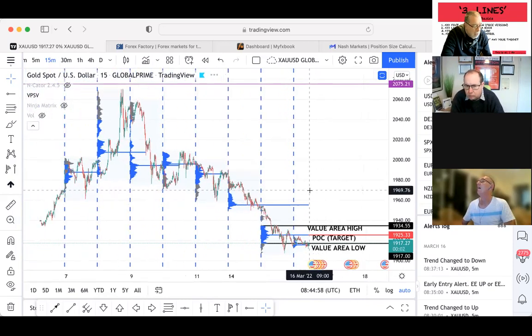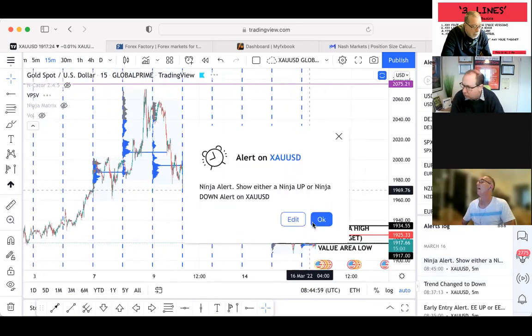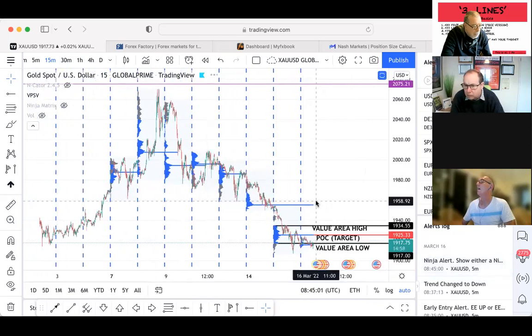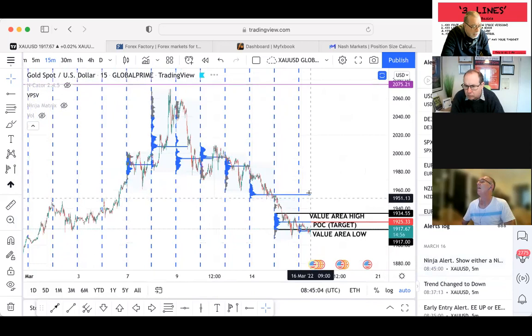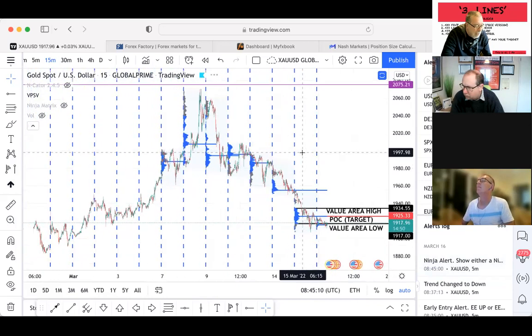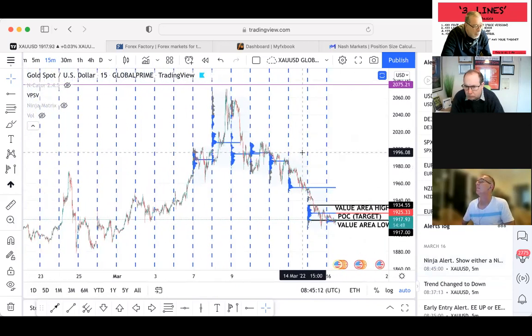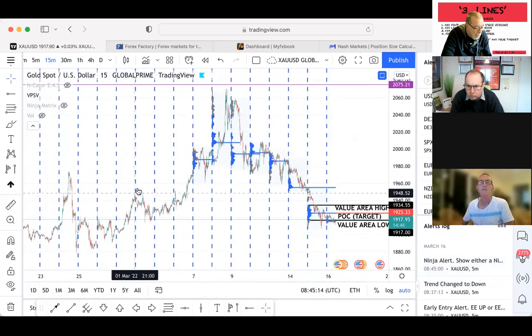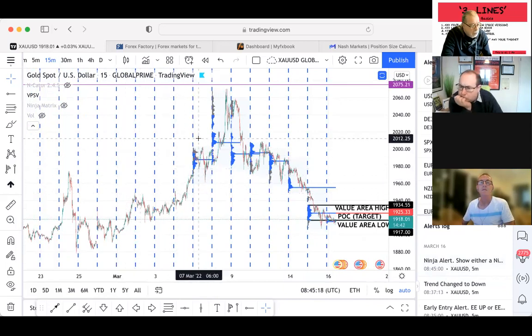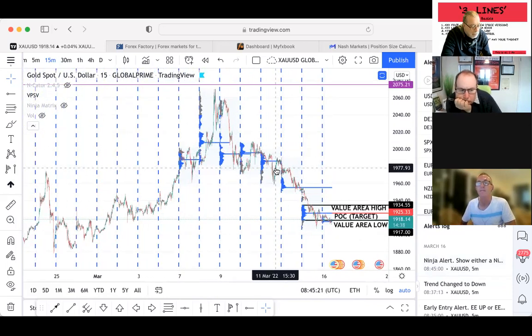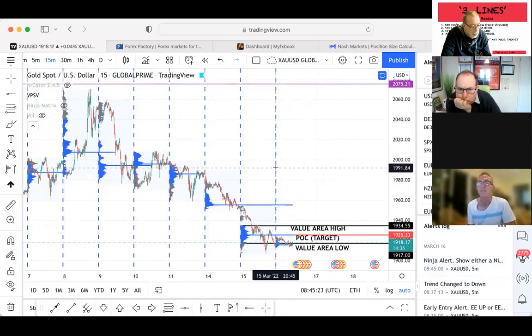So just to look at the big picture, we're looking backwards. That is the only outstanding point of control. And I won't waste time going all the way back, but even if I went back a full year, you would find there were no further outstanding points of control above the current price.